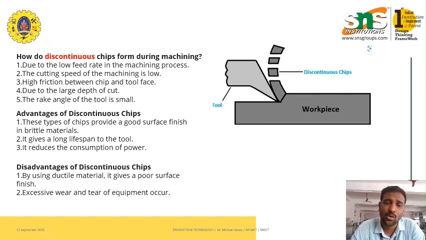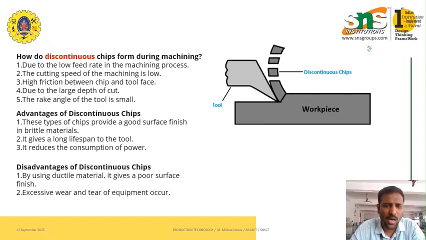Also, the cutting speed is low, meaning the rotation of the workpiece is slow and the tool advancement is high. Then with a large depth of cut, the chips may have a sudden breakage, and it may generate higher vibrations. Due to that, discontinuous chips may be formed.